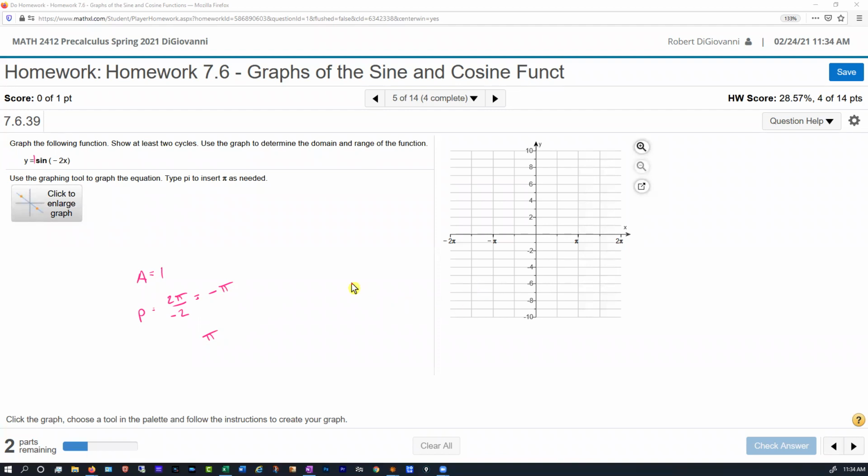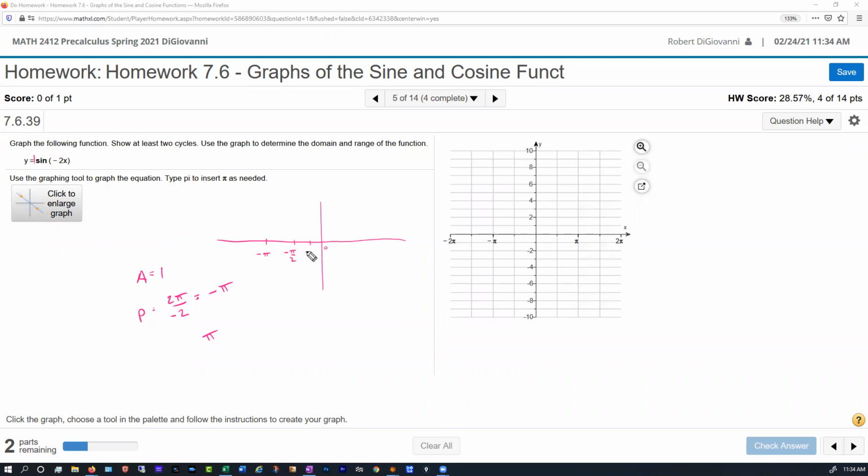So what we're going to do is this. We're going to use this period. Let me draw it on here. So the period is -pi. So -pi is here. And then we'll do halfway between that and 0, which is -pi over 2.